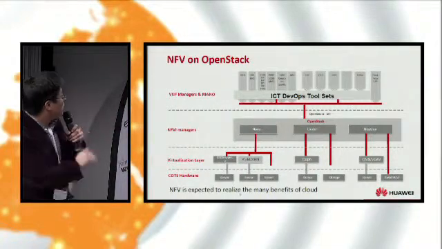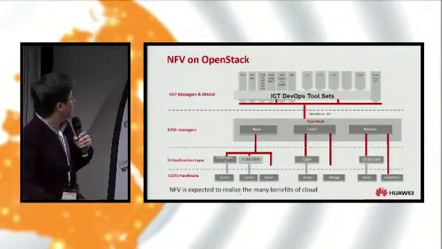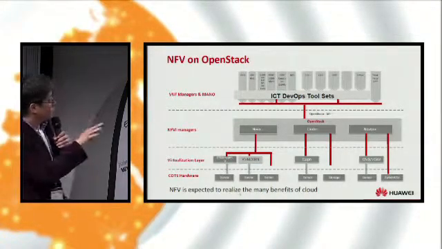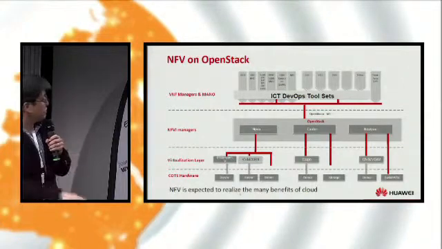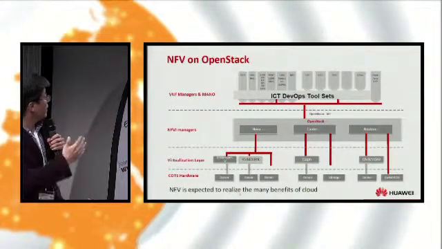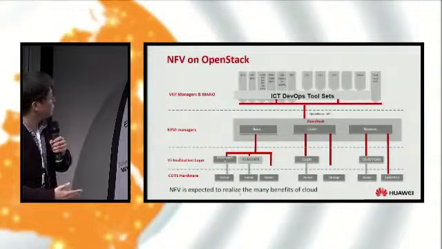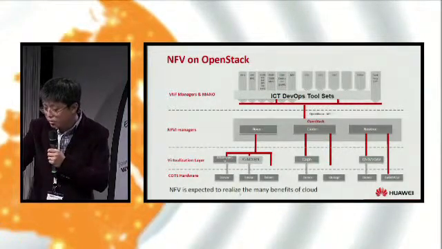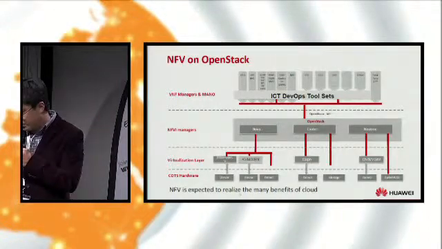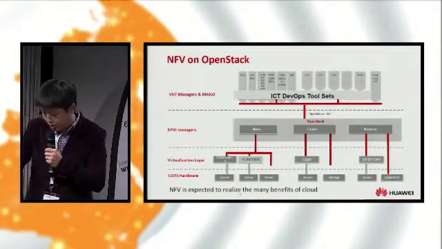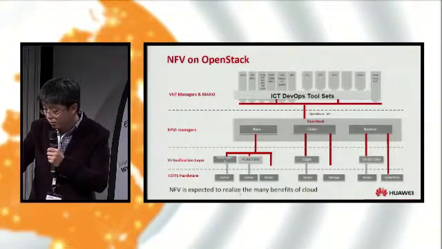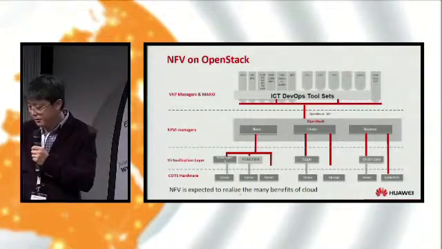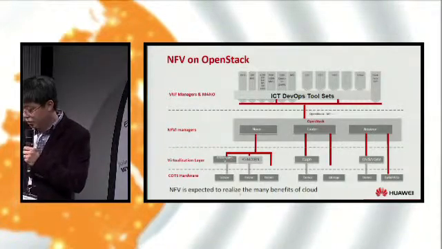Okay, so at the very bottom, below the first dashed line, we have all the commodity servers, all blade servers. Then the layer up is the virtualization software. And to manage these virtualized resources, OpenStack plays a very important role. Basically, it can have the system-wide view of the whole cloud resource.